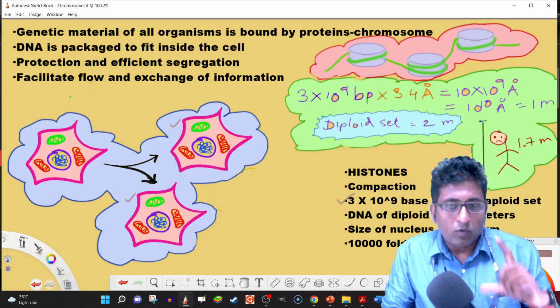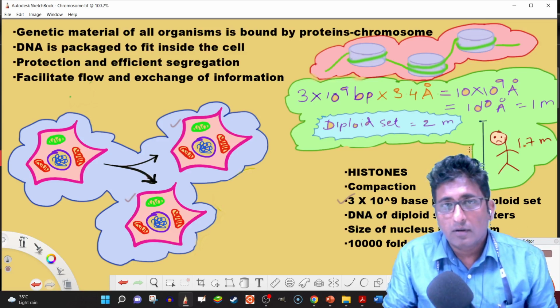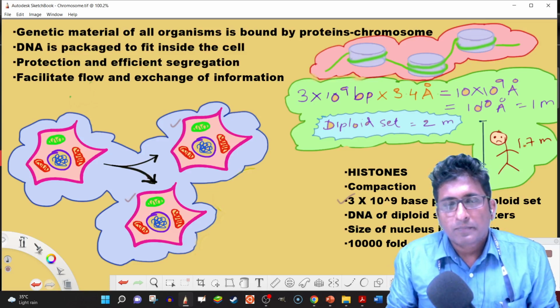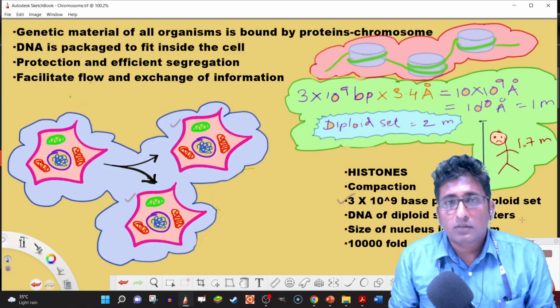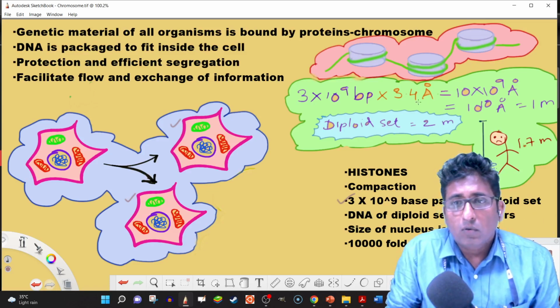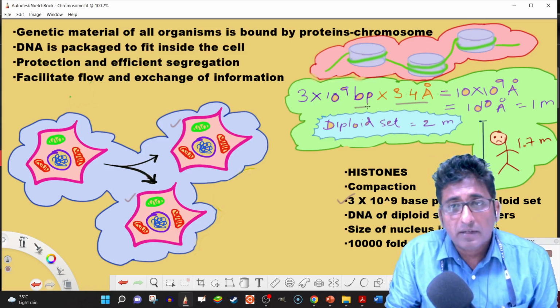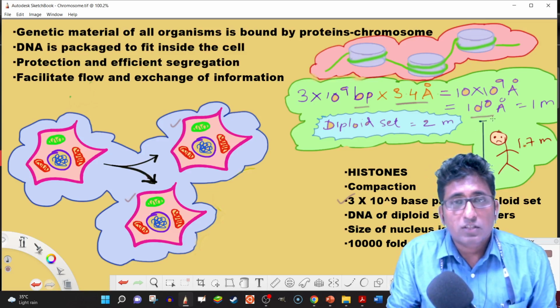If you remember, one turn in the B form of DNA has about 10.5 base pairs, and approximately we will take it as 10 base pairs. The height of each turn is about 3.4 nanometers or 34 angstroms. If we divide it by 10, we get 3.4 angstroms. Then if we multiply the number of base pairs, 3 × 10⁹, with 3.4 angstroms, we get about 10¹⁰ angstroms, which is nothing but 1 meter.